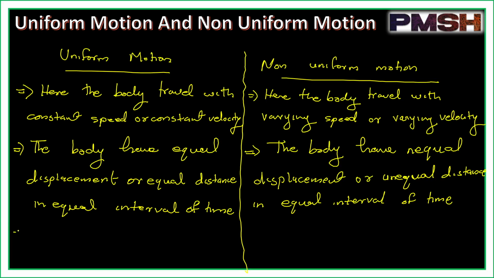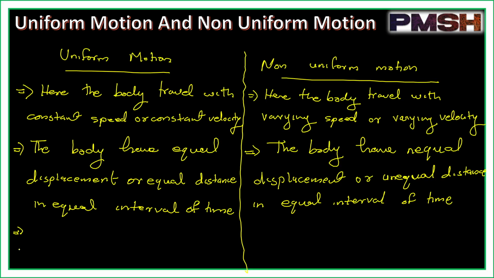Now, if the speed is constant or the velocity is constant, then the body does not have any acceleration. Till now, we haven't discussed the concept of acceleration. Just understand that acceleration is the change in velocity in a unit time. Within a unit time, what was the change in velocity?